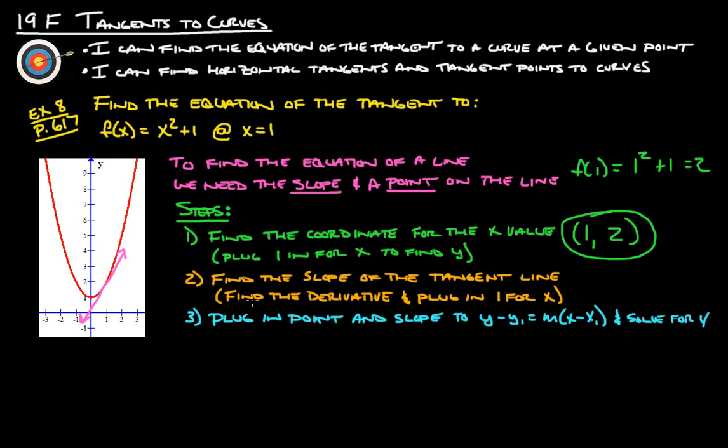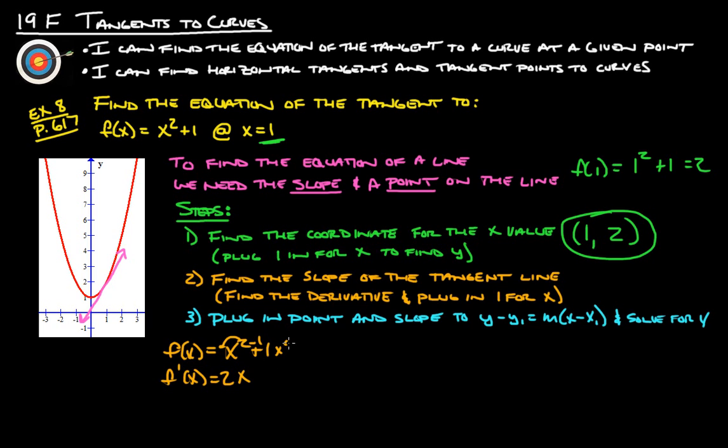Finding the slope of the tangent line is just finding the derivative. Once we find the derivative, we plug that 1 in for x. First things first, let's find the derivative. f of x is x squared plus 1, so f prime of x is our derivative. We move the 2 out front, 2x, and subtract 1 from the power, so that's 2x to the first.